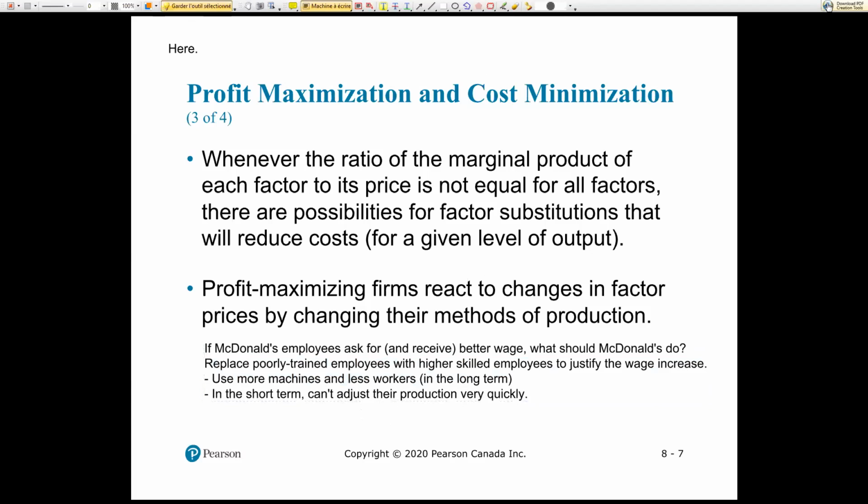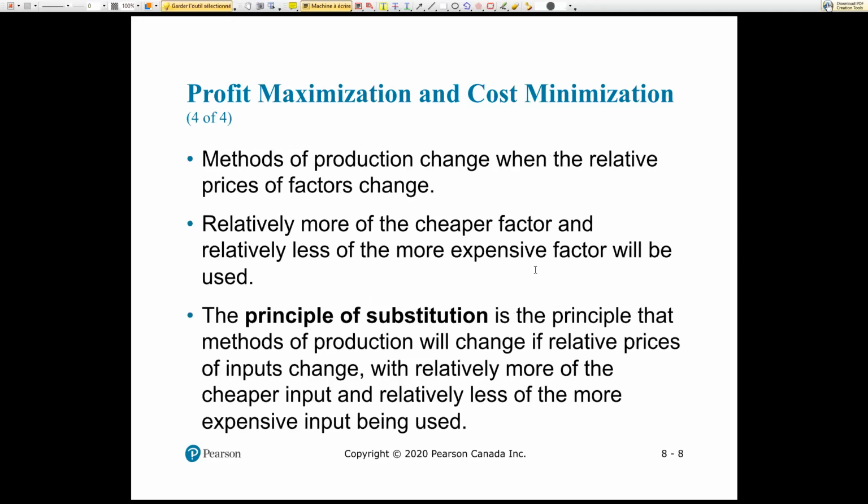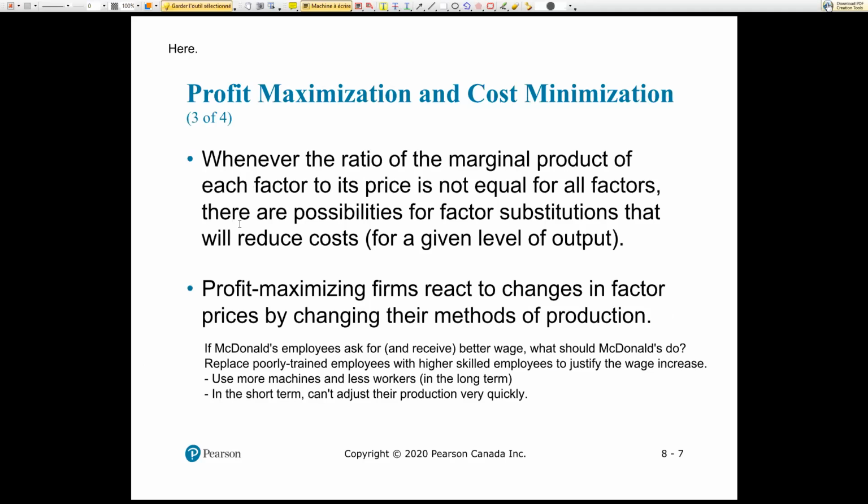All right, so that is it. So yeah, this is just saying the same thing: methods of production change when the relative prices of factors change. Oh yeah, just one comment about what we're saying. Why did I write this?